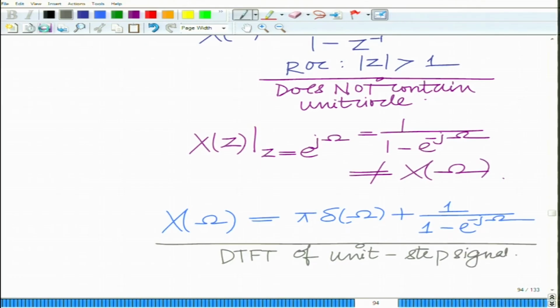This is the DTFT of the discrete time unit step signal, that is, it contains this additional term. You can see this is pi times delta of omega, there is an impulse at omega equals 0, plus 1 over 1 minus e raised to minus j omega.